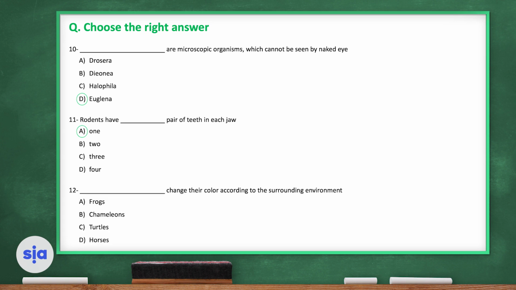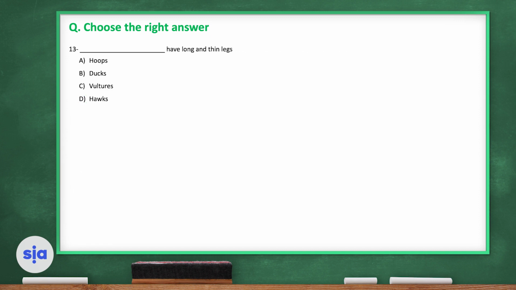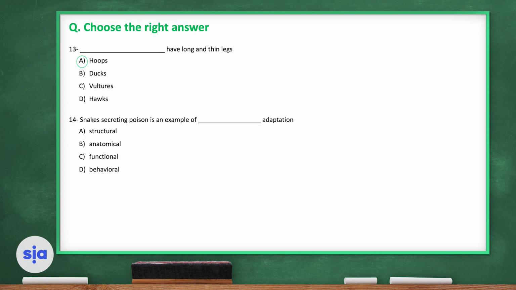Which change their color according to the surrounding environment? Chameleons. Which have long and thin legs? Hoops, ducks, vultures, hawks. Hoops. This is because they catch worms from water. Snake secreting poison is an example of which adaptation? Functional.